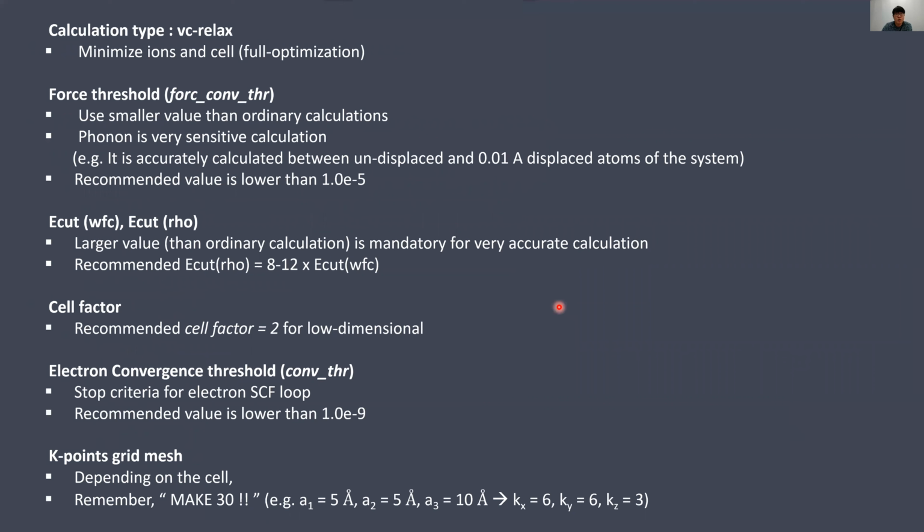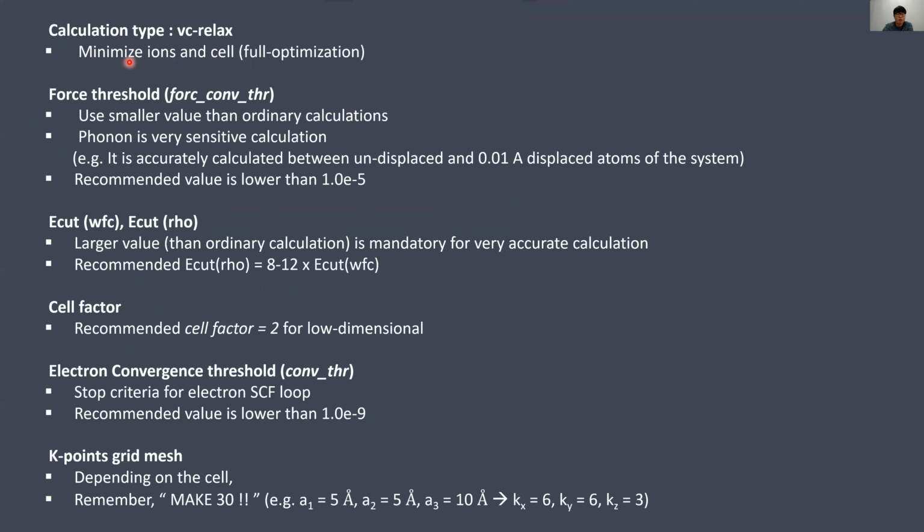And I want to give some explanation for our input file in the phonon calculations. When you start the calculation, you should perform the VC relax, because as I mentioned previously, your structure should be very, very accurate, a very high accuracy calculation, and you need the ground state structure.